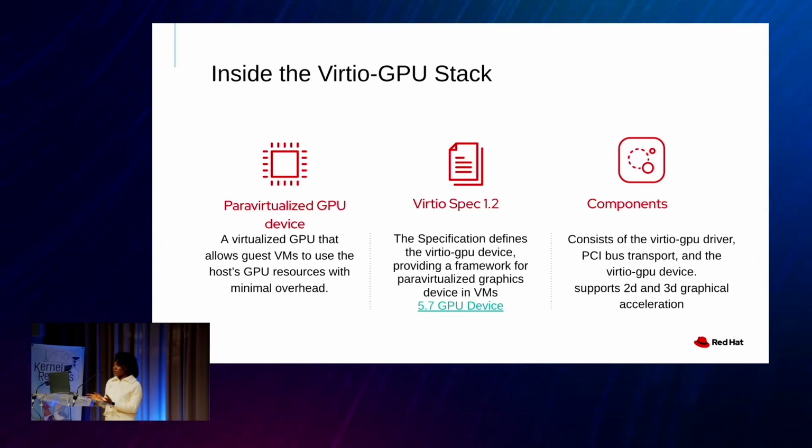Unlike full GPU pass-through, this method is more flexible and it works well with multiple guests. The Virtio GPU device follows the Virtio 1.2 specification, and this standard outlines how the 2D and 3D graphics acceleration could be virtualized efficiently. This also enables cross-platform compatibility between the guest and the host.